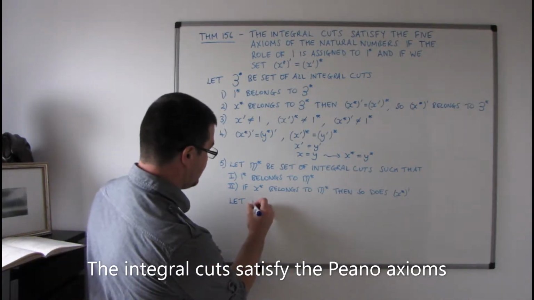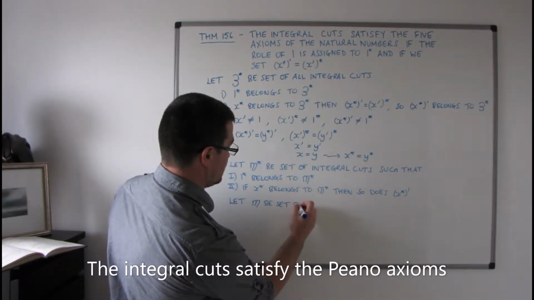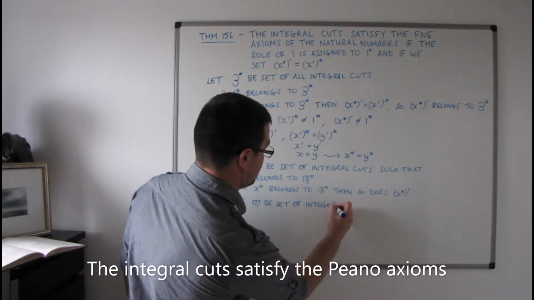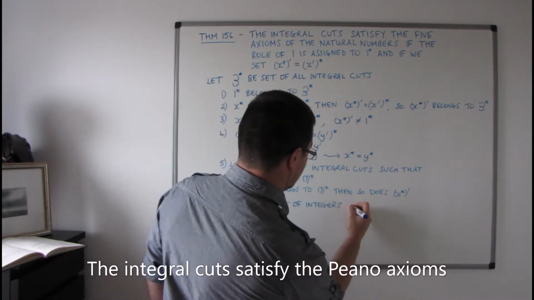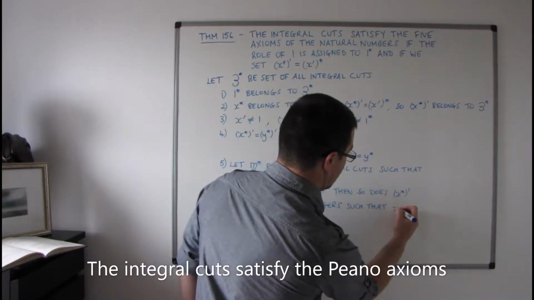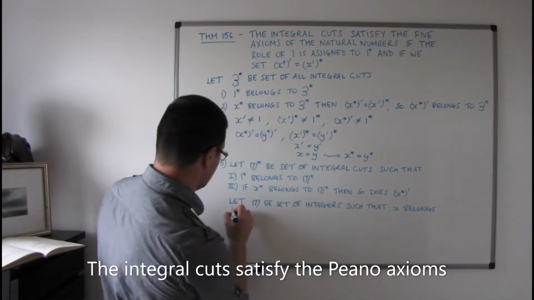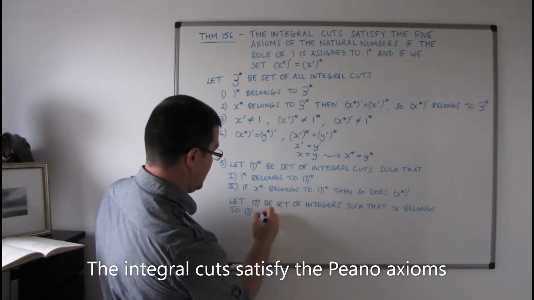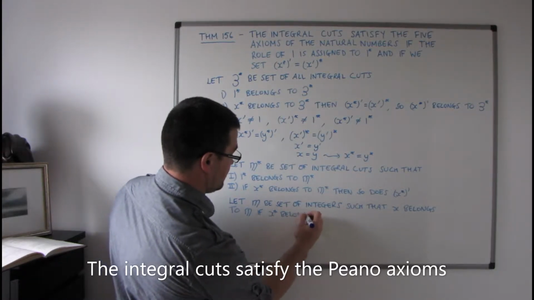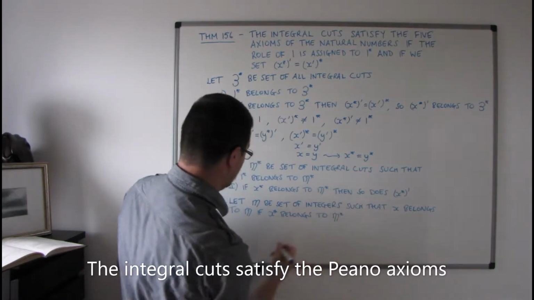So now let m be the set of integers such that x belongs to m if x star belongs to m star.